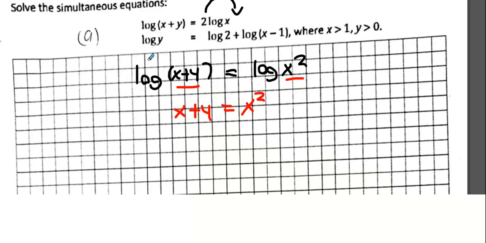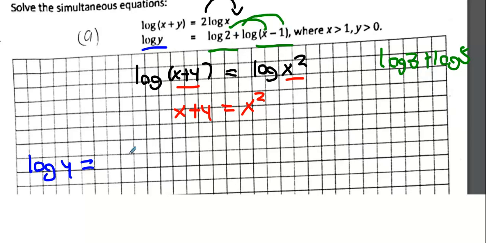I'm going to say that log y, and I'm going to use the addition rule. What's the addition rule of logs? For example, what's log 3 plus log 5? Log 15. You can just multiply them, can't you? So what's 2 times x minus 1? And then what can I say now?